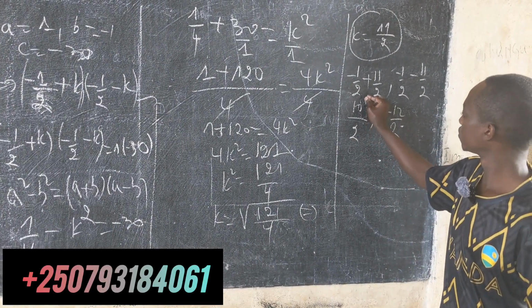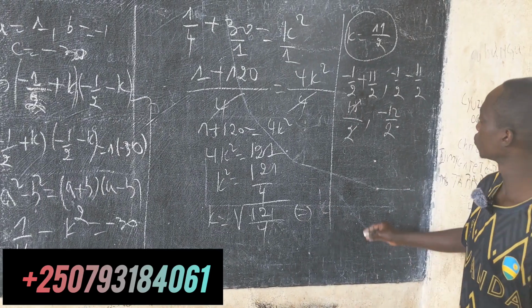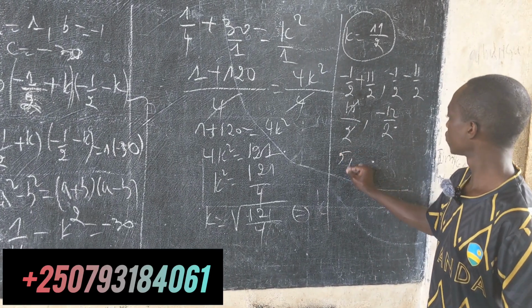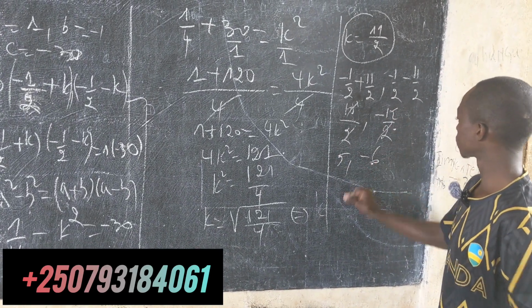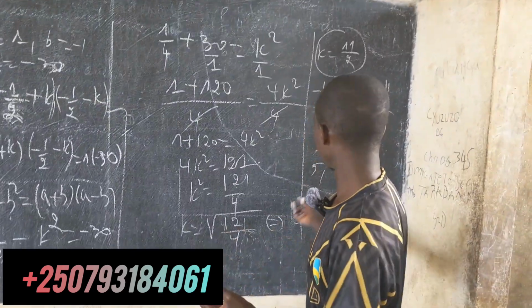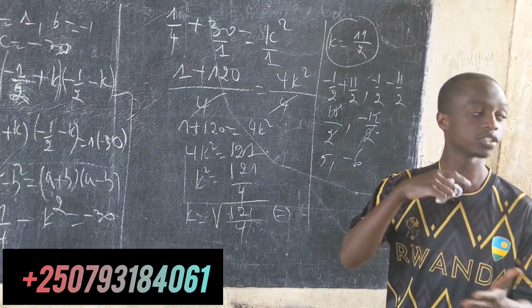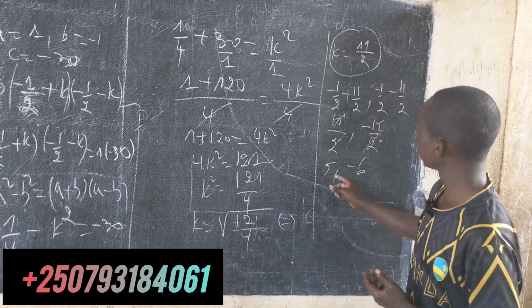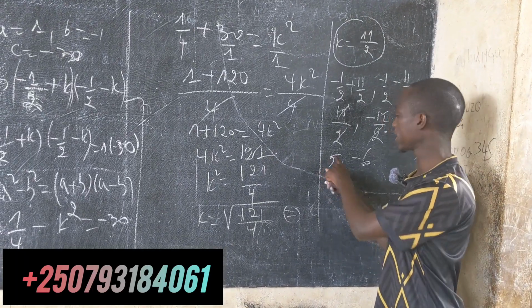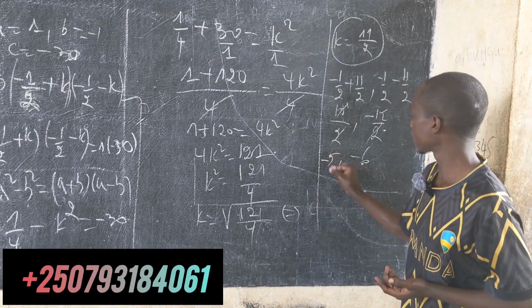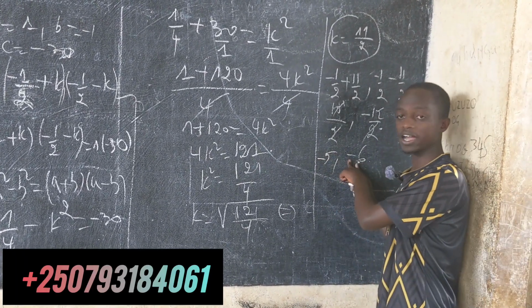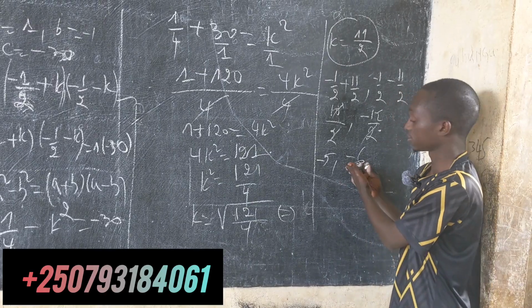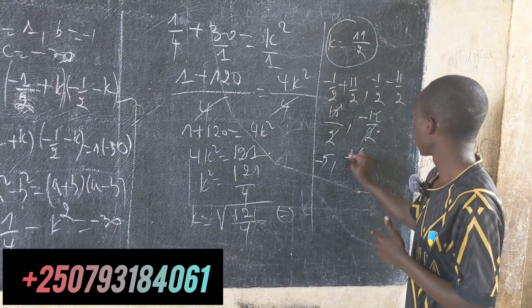So here, if we divide each number by 2, we are going to get 5 and minus 6. So what is remaining is this. If here I have a positive sign, I need to change it into negative. If here I have a negative sign, I'm going to change it into positive.